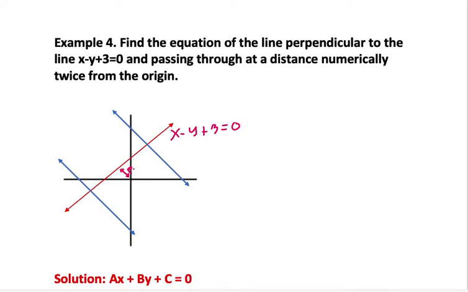Okay. According to our problem, it is passing through a distance numerically twice from the origin. So, perpendicular, so it may be this line or this line. It's up to you. So, I am going to use this line, and I am going to assign it as x. Since it is perpendicular, I am just going to change the sign of b.